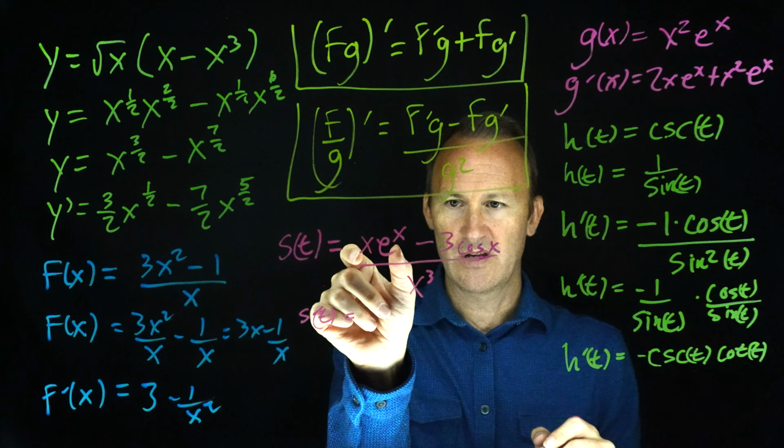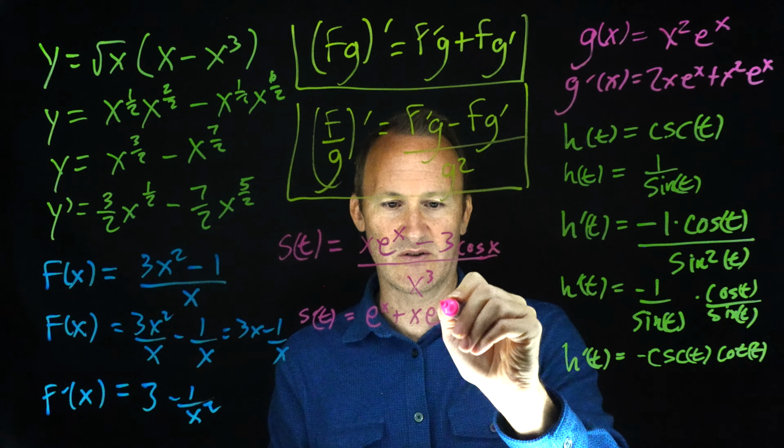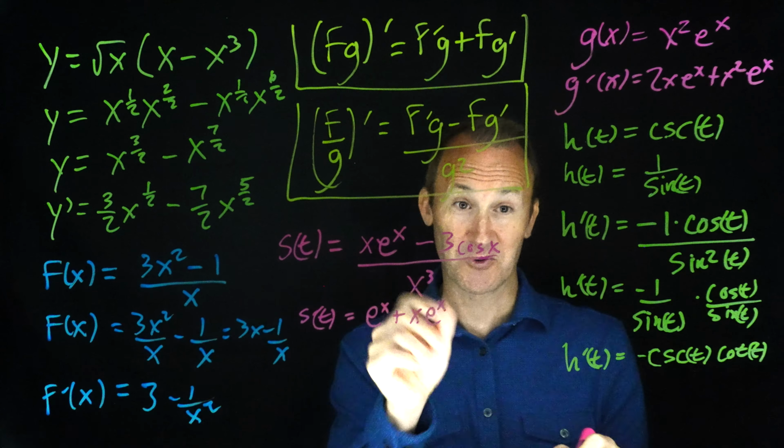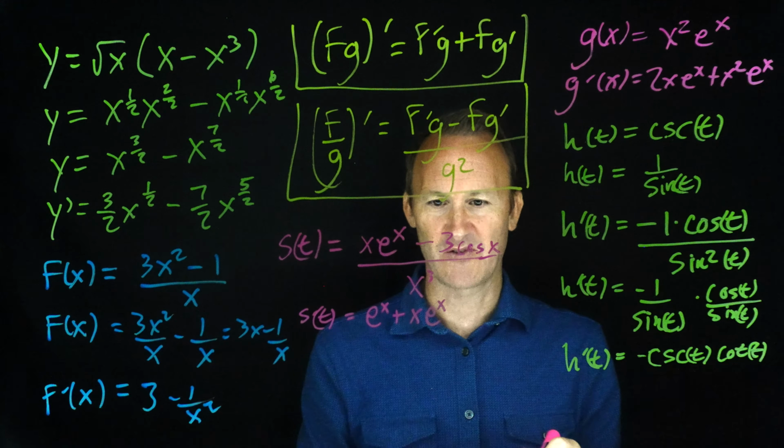What's the derivative of x e to the x? It's the derivative of the first, which is 1, times e to the x, plus x times the derivative of the second, which is nicely e to the x. This e to the x is really nice to have. That's the product rule on x e to the x.